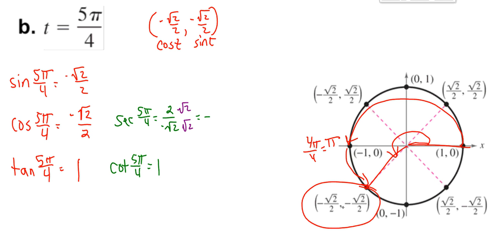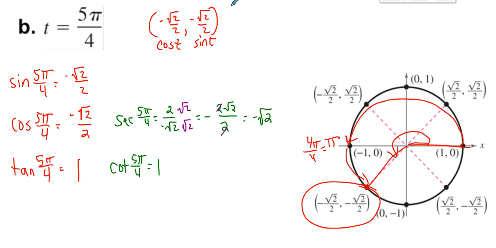You can see the book authors did a great job of that. I did not. And so that's going to be negative 2 square root of 2 over 2. And that is negative square root of 2 when we cancel those parts out as well. There we go, and those would become 1s then.